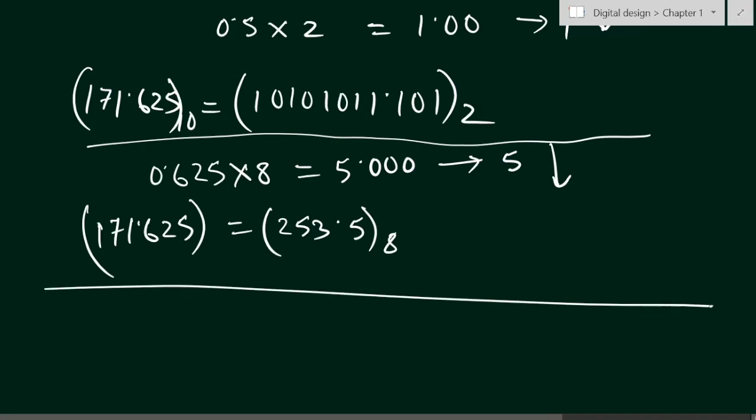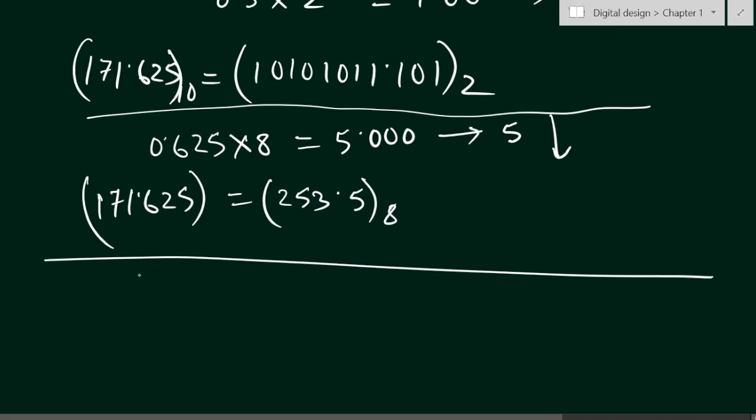Now we will find out the hexadecimal part. Similarly, 0.625 into now 16. What will we have? The value is 10.00. So the number 10 you have to write here.